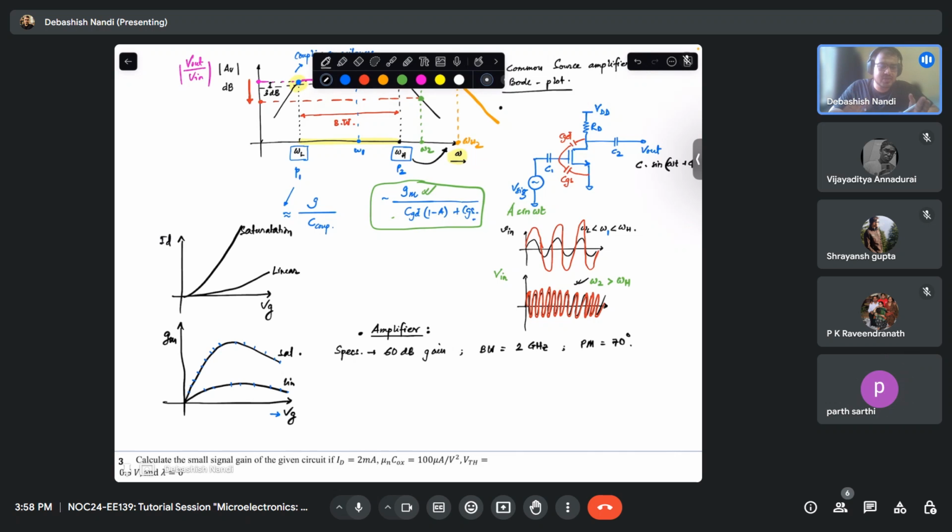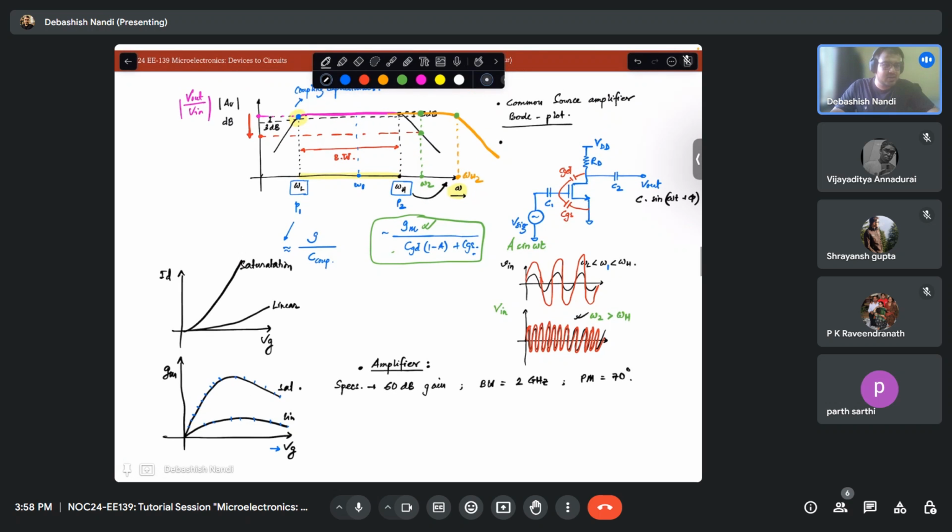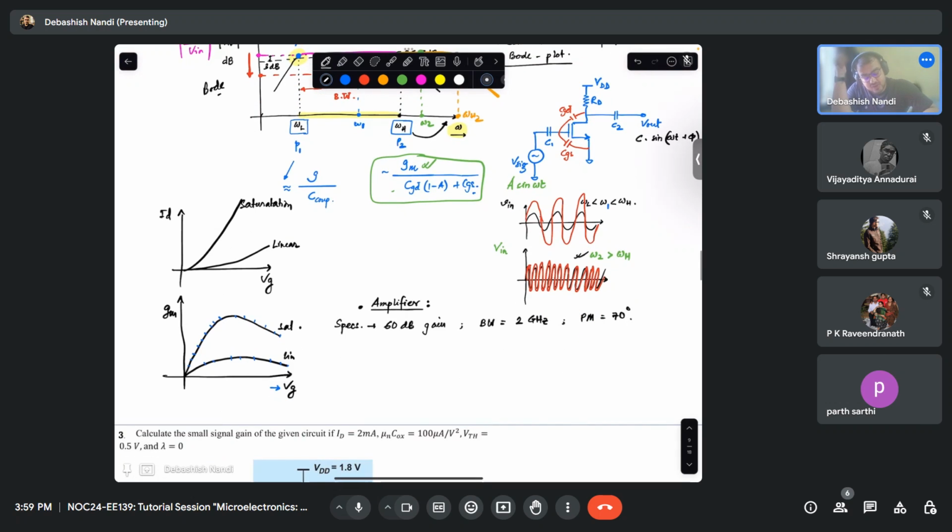Just listen to the terms. I will not explain what phase margin is. Phase margin you can calculate easily if you have studied control systems. This is the amplitude plot of the Bode plot, and if you see the phase plot of the Bode plot, then you can easily get the phase margin, okay. And that is related to somewhat stability of your circuit, okay. So say this is given to the analog designer.